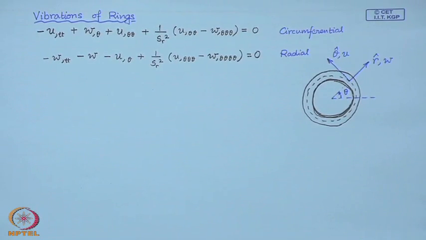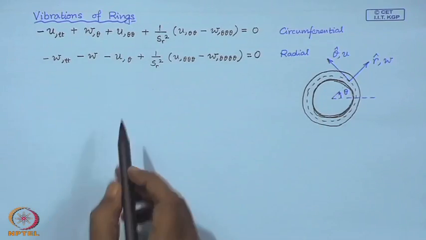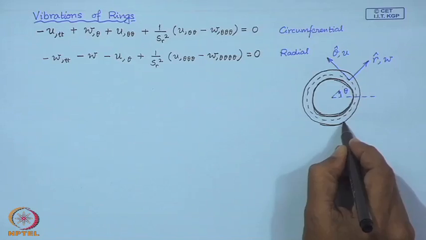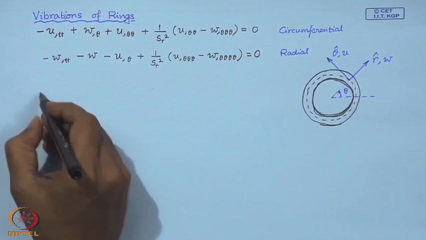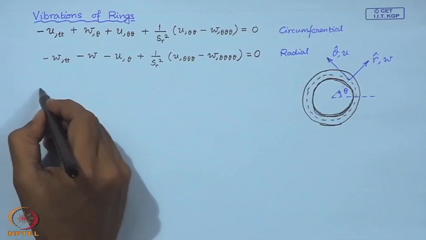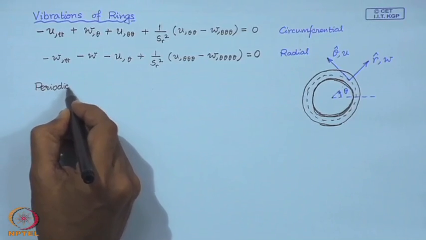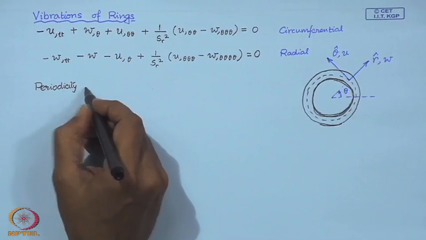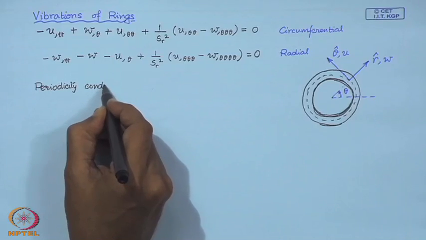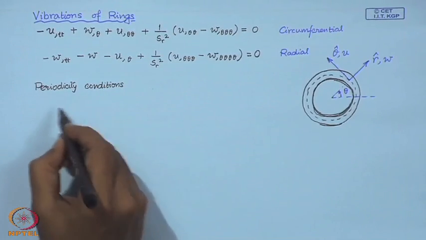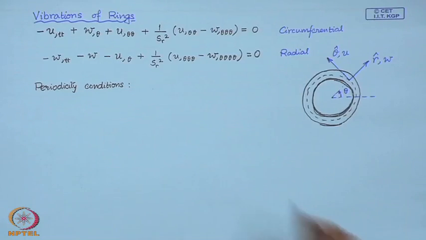Now, the boundary conditions, we discussed the boundary conditions for a complete ring like this. So, it turns out to be periodicity conditions on the field variables.